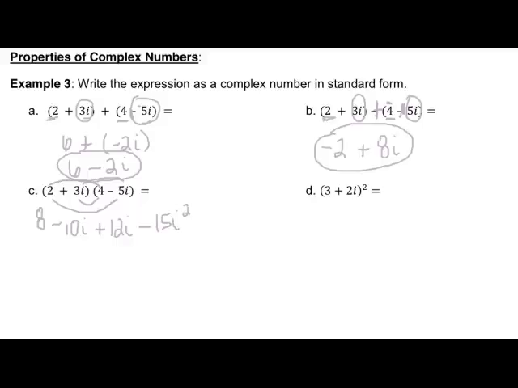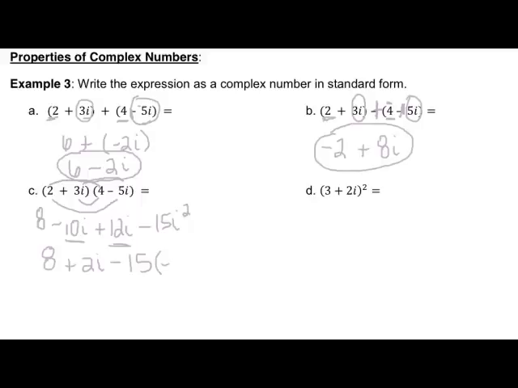So we have i times i, so we know that that is i squared. Now we can simplify, so we still have our 8. We have a negative 10i plus 12i, which is a plus 2i. We have minus 15, and we know that i squared, if you go back to the previous page, is the square root of negative 1 times the square root of negative 1, which is just negative 1.